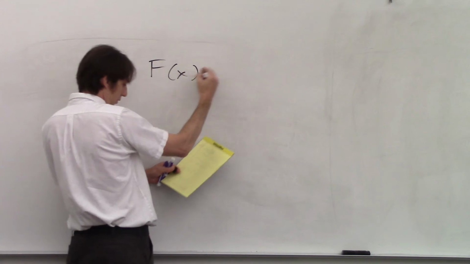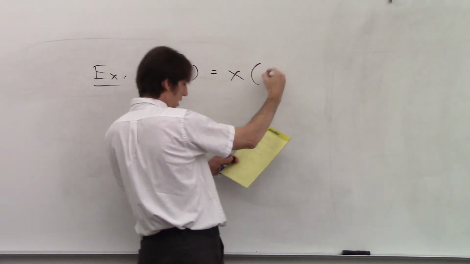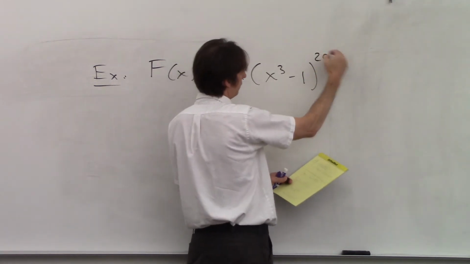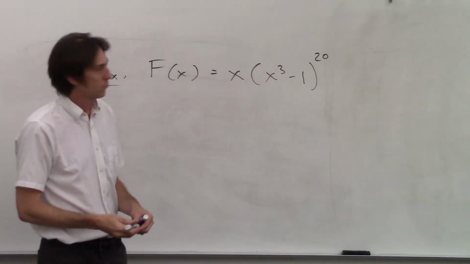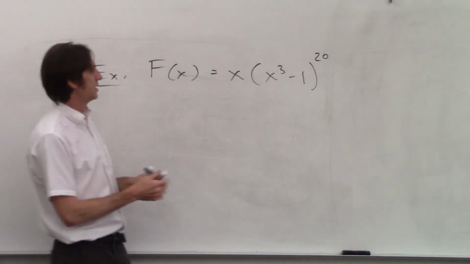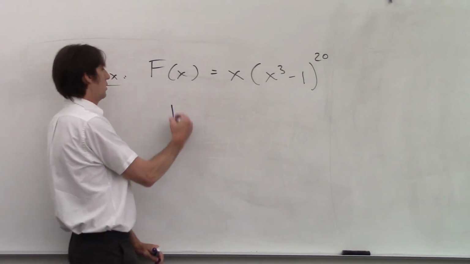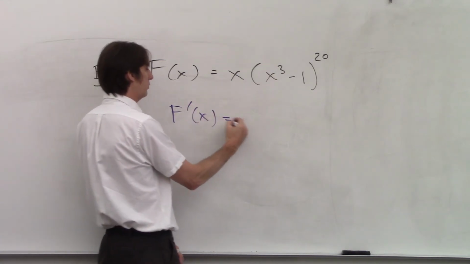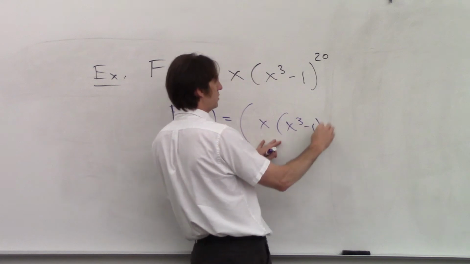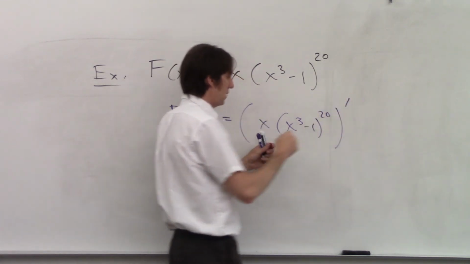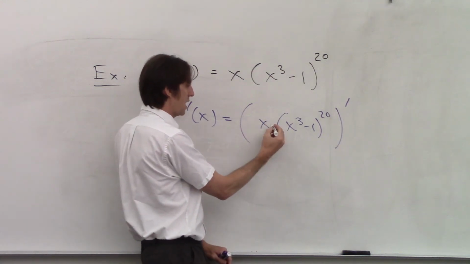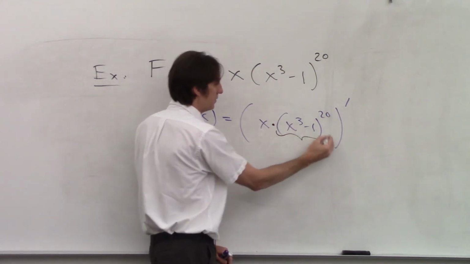Capital F of x is equal to x times x cubed minus 1 to the 20th power. The big picture here with this function is that this is a product. To compute f prime of x, in other words, the derivative of x times x cubed minus 1 to the 20, I need to do the product rule first of all, because I have one function x times a second function.